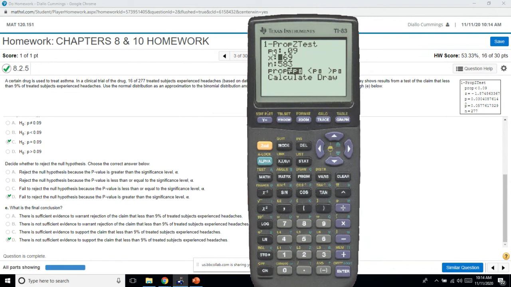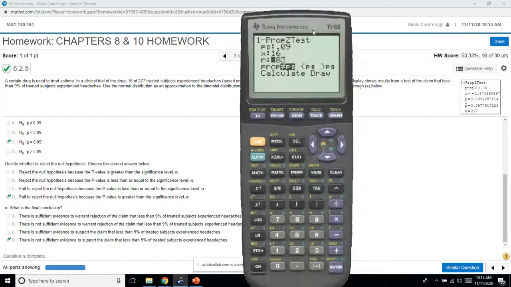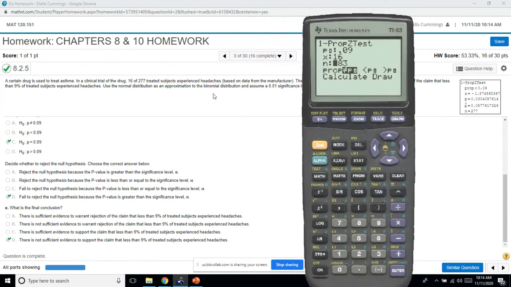X is going to be 16. There were 16 subjects that experienced headaches. I'm going to put in N, which is 277.